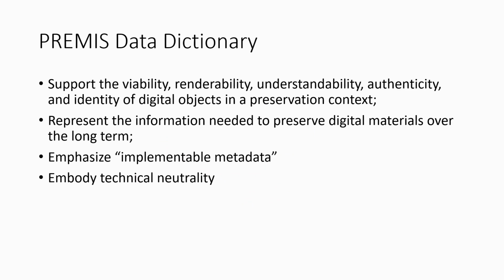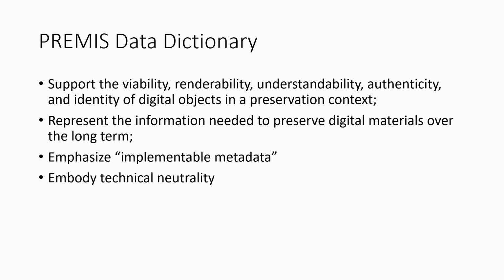The data dictionary takes the relational model in the last slide and provides details needed to implement the semantic units that map to the entities. For the PREMIS editorial committee, these semantic units comprise metadata that support the viability, renderability, understandability, authenticity, and identity of digital objects in a preservation context. They represent the information most preservation repositories need to know to preserve digital materials over the long term.